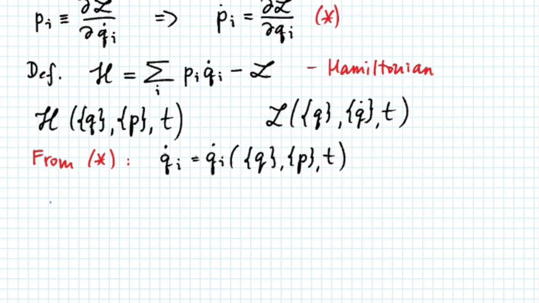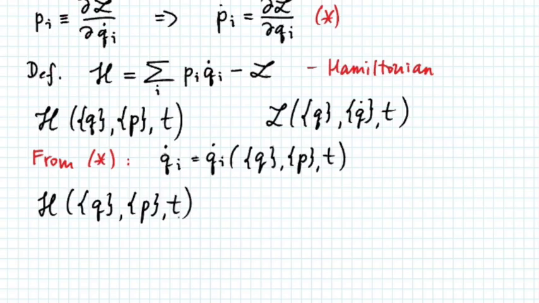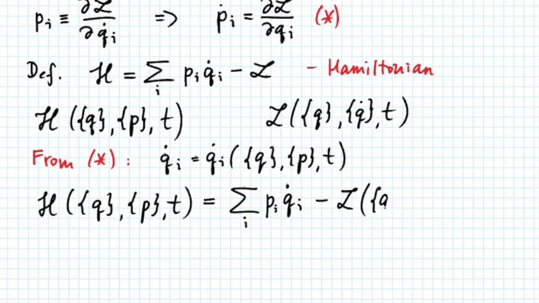Our definition really says the following, that Hamiltonian, written in terms of all coordinates, all momenta, time, is given by a sum over product of p and velocities q dot sub I minus Lagrangian, which of course is a function of generalized coordinates, generalized velocities, and time.